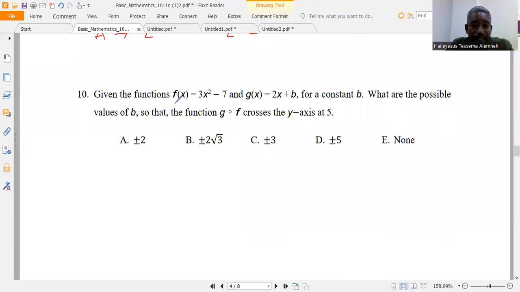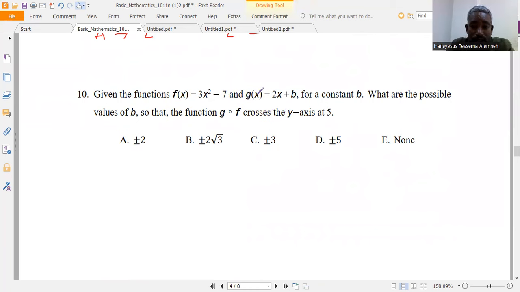Okay, given a function f of x equals 3x squared minus 7 and g of x equals 2x plus b for constant b, what are the possible values of b so that the function g of f of x crosses the y-axis at 5?